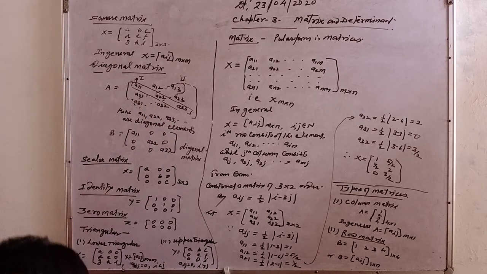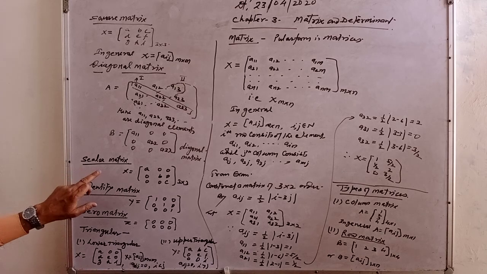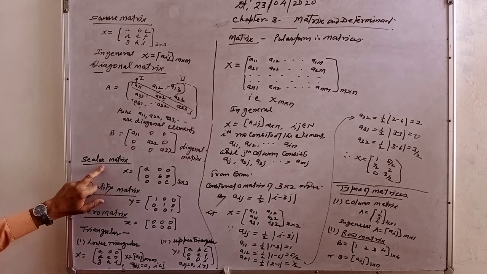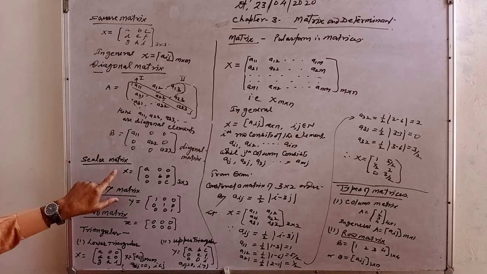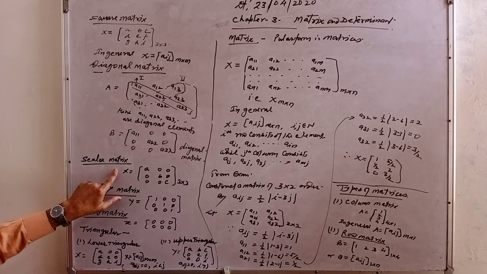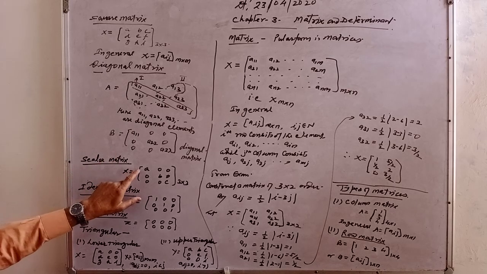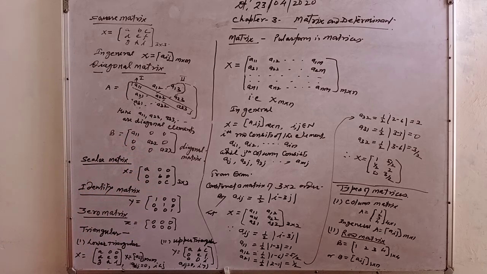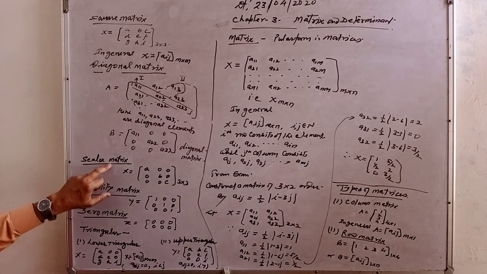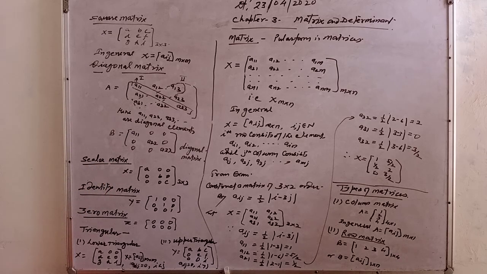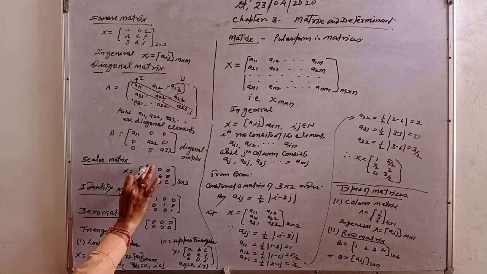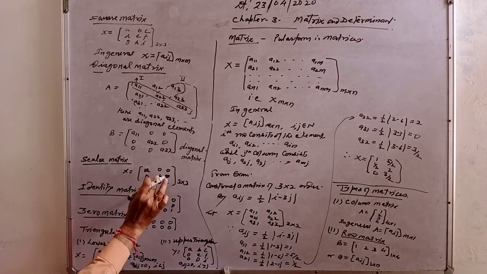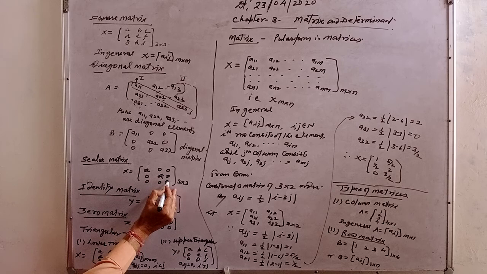Okay. Now scalar matrix. A scalar matrix is also a diagonal matrix, but in a scalar matrix, all elements are 0 except the principal diagonal, and the principal diagonal elements are equal. So equal, you can write here a, a, a.